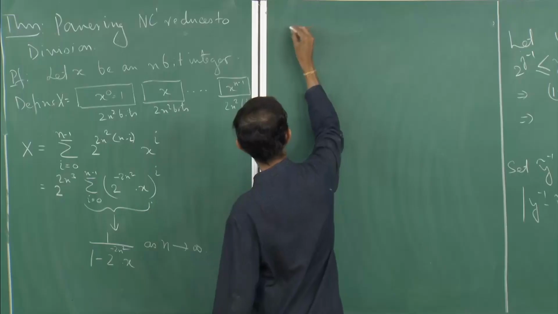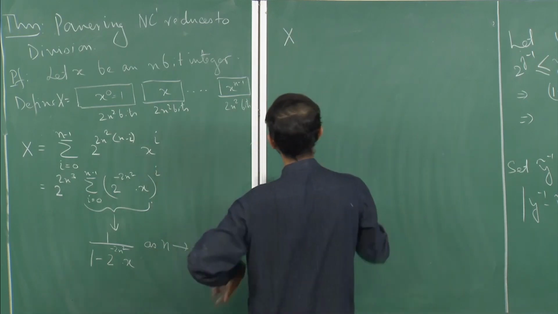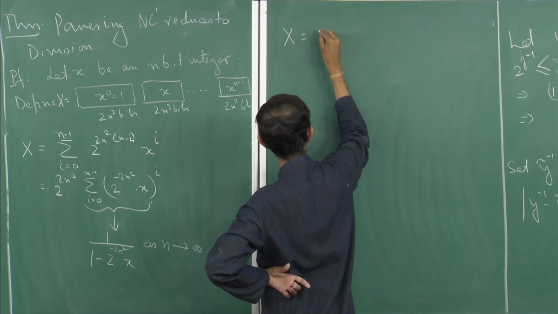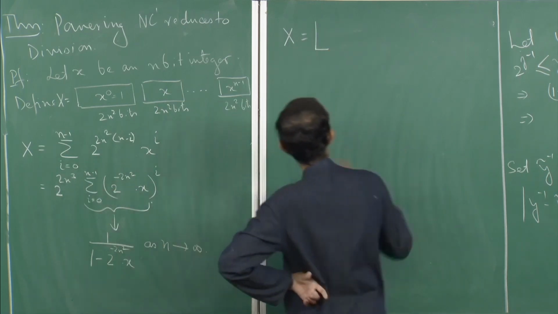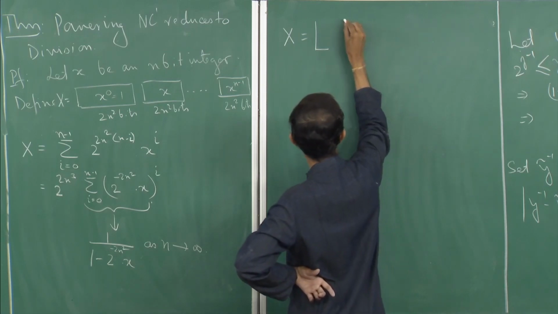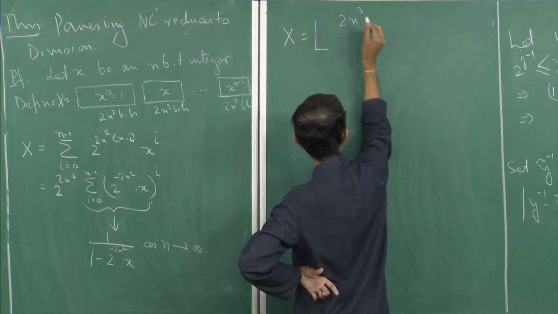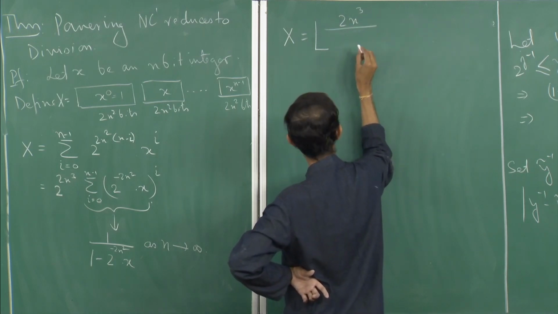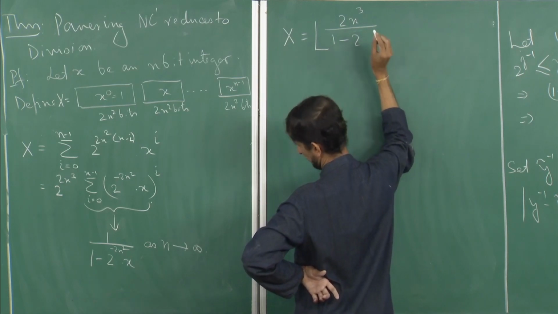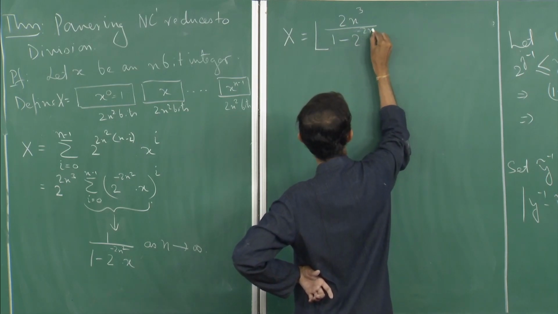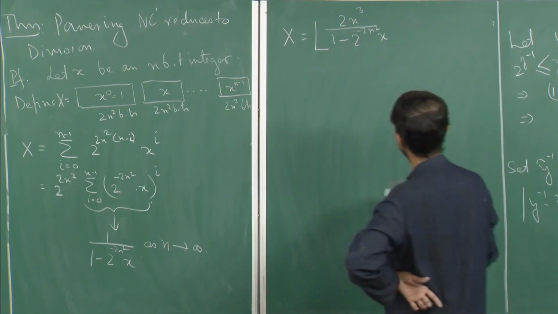So, what we can say is that capital X, which is actually this, is the floor of this quantity: 2 to the power 2n cube divided by 1 minus 2 to the power minus 2n square into x.